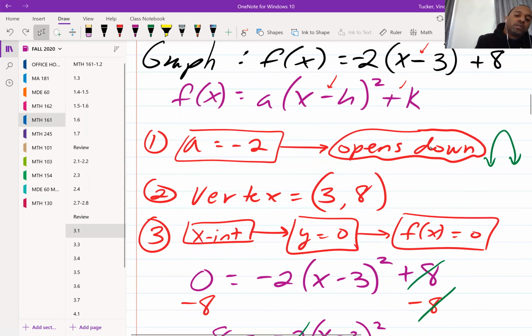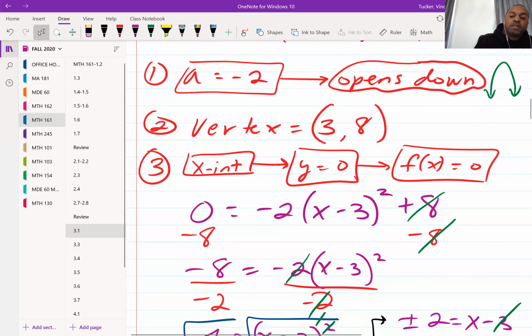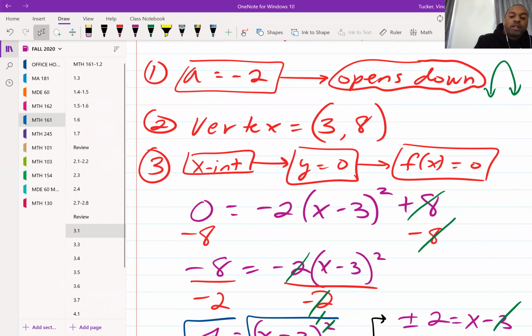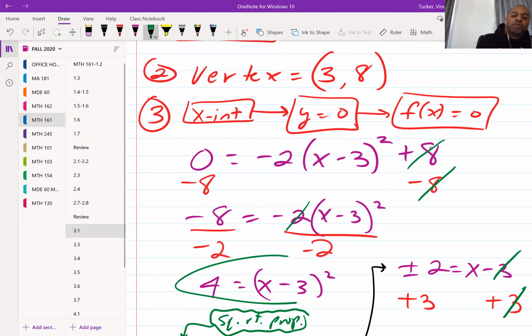We let f of x be equal to 0 and solve for x. So we subtract 8 from both sides and divide by negative 2, and that gives us 4 equal to (x minus 3) squared.